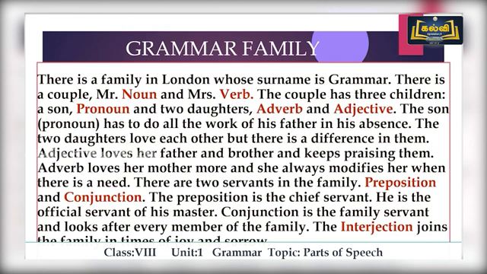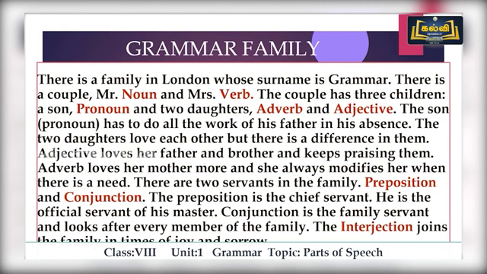The son pronoun has to do all the work of his father in his absence. The 2 daughters love each other, but there is a difference in them. Adjective loves her father and brother and keeps praising them. Adverb loves her mother more and she always modifies her when there is a need.